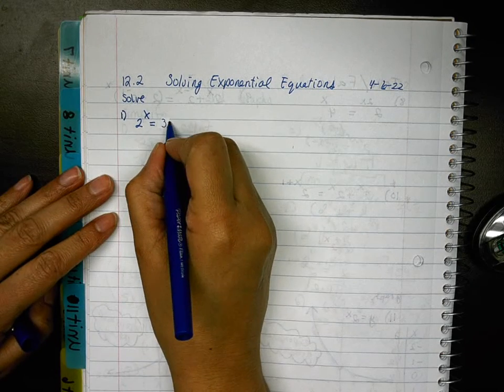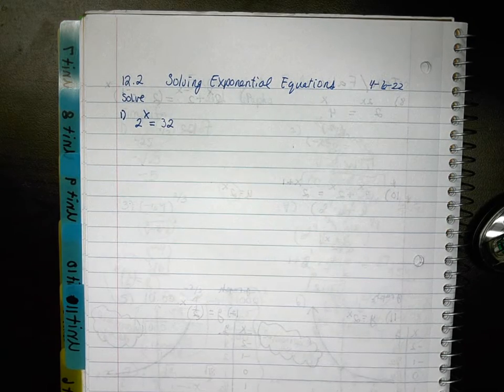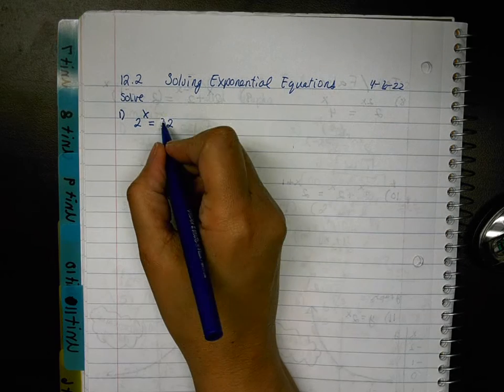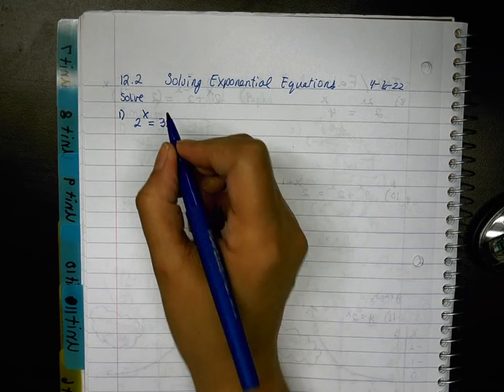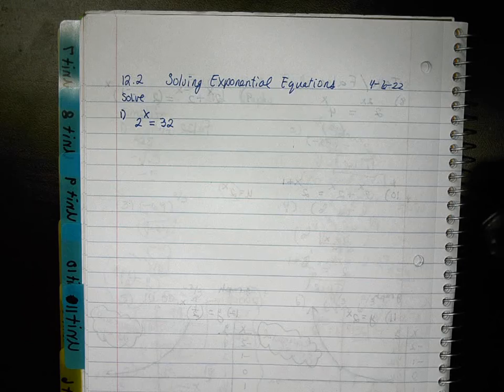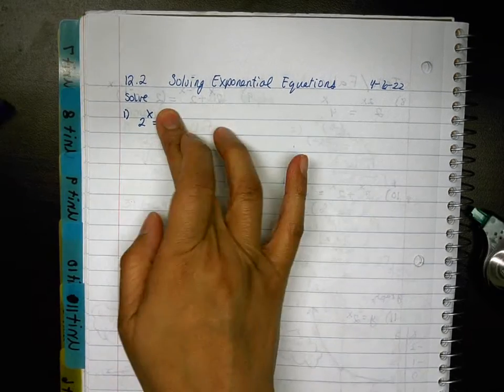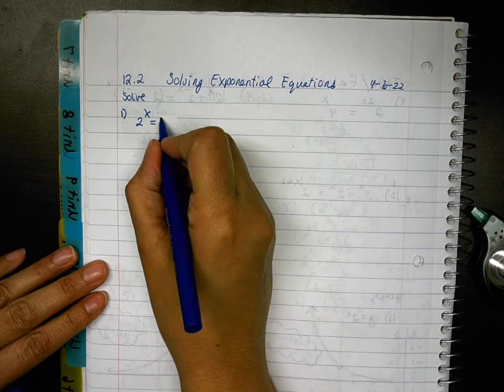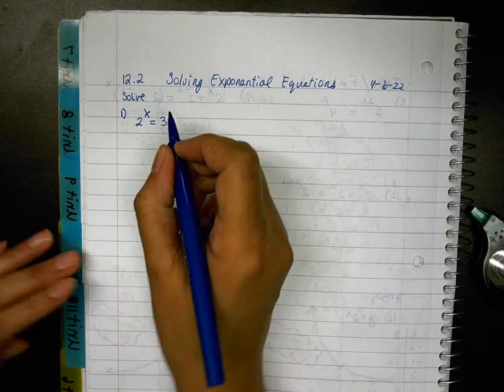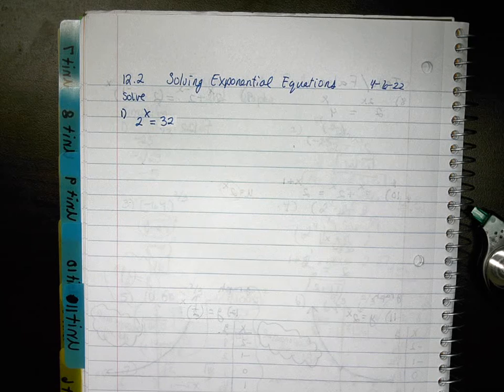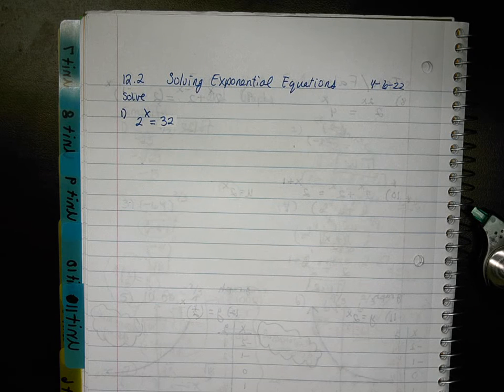Now, something like this, some of you can probably do in your head. Does anybody know or can kind of think through 2 to what power is 32? 2 to the 4th is 16. 2 to the 5th is 32.